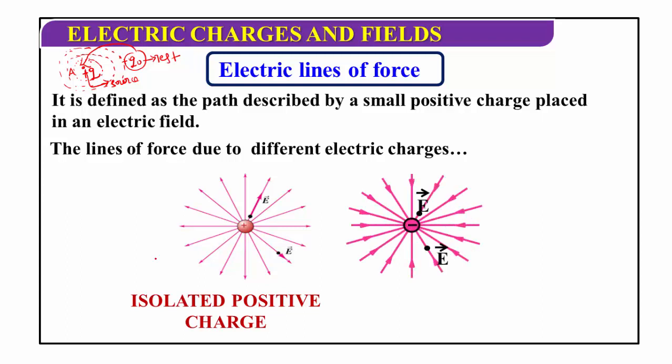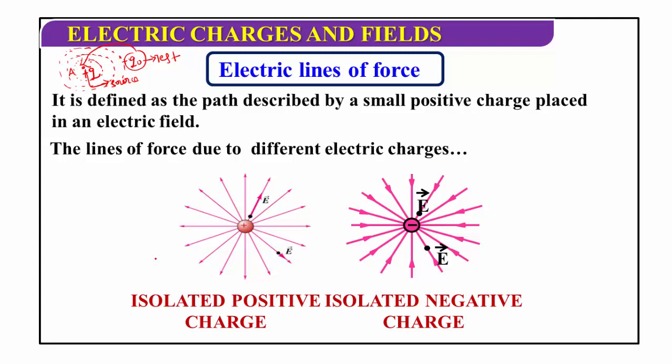And this diagram indicates the electric field lines due to the negative charge, or isolated negative charge. It means the electric field lines due to negative charges always move radially towards the negative charge, radially inward. Electric field lines due to the positive charge always move radially outward.